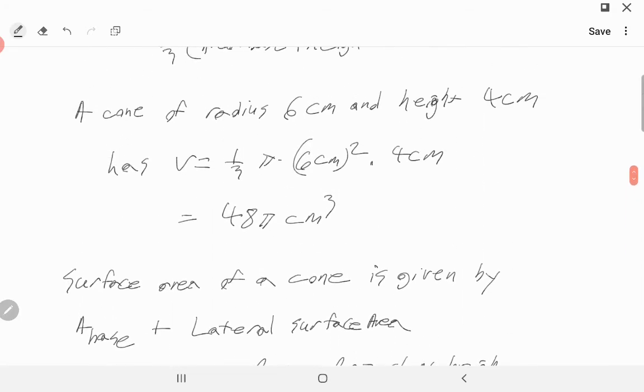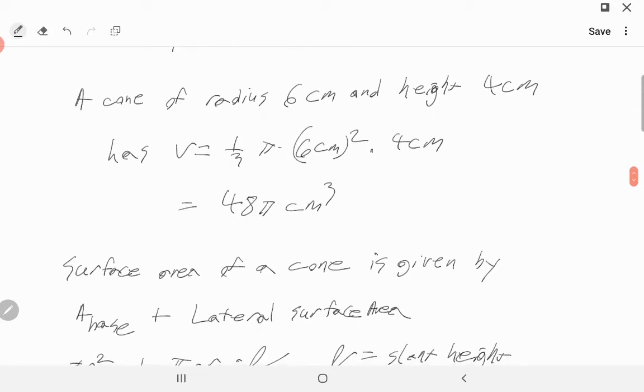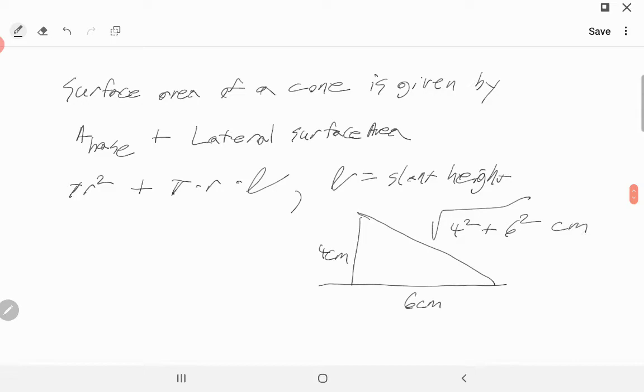We notice that for the cone we just did, we said that it has a radius of 6 and a height of 4. That means we're looking at 6 centimeters, 4 centimeters. The slant height has to be the square root of 4 squared plus 6 squared centimeters.